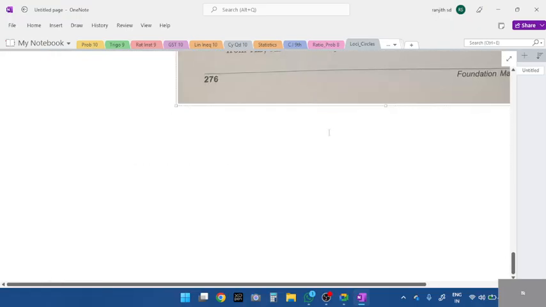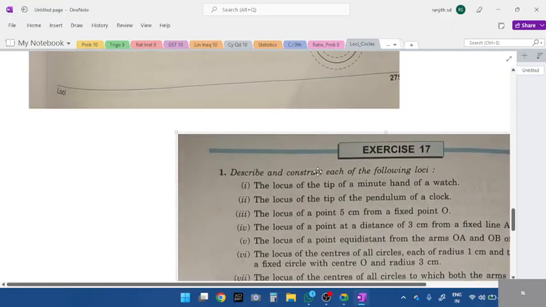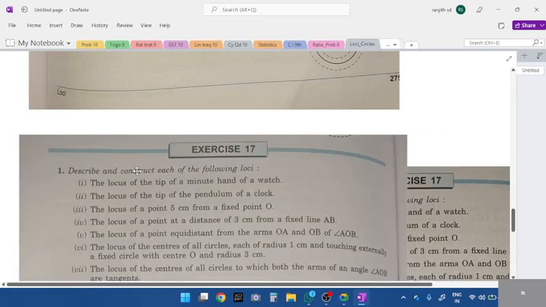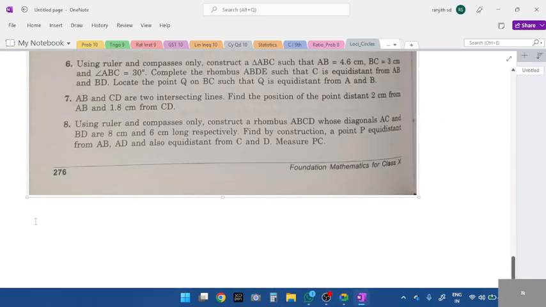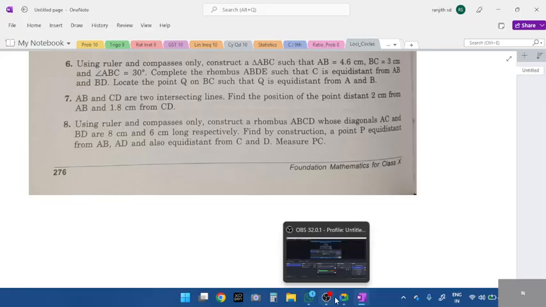Not all the questions are important here. Only what is required, I'll teach you all. Today and Sunday, even Sunday will complete. Monday will start circles.